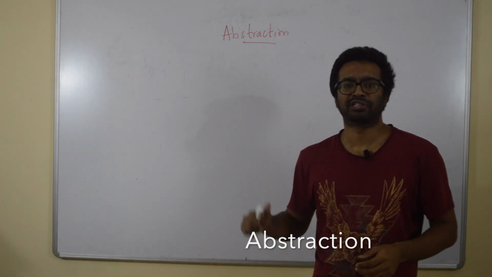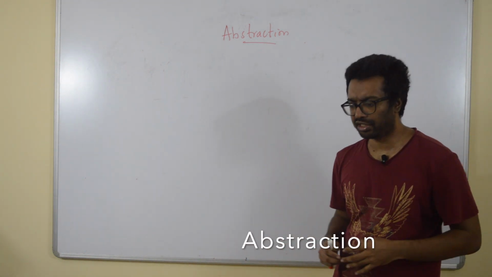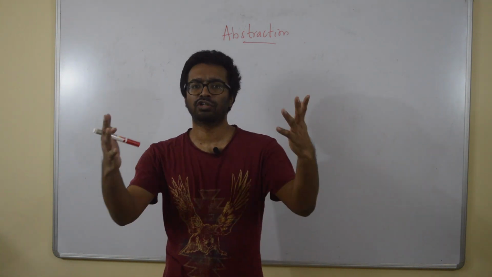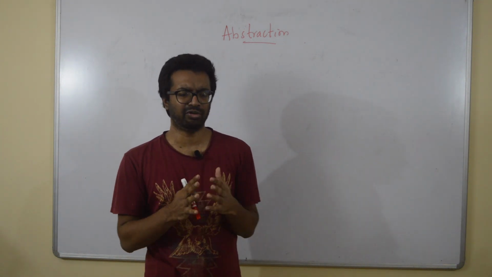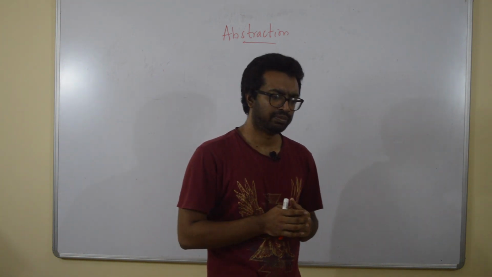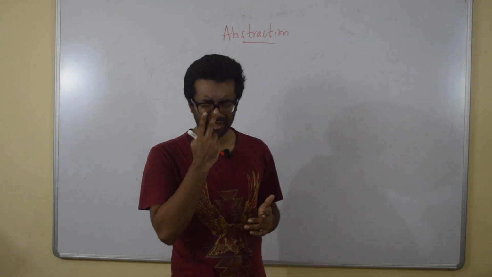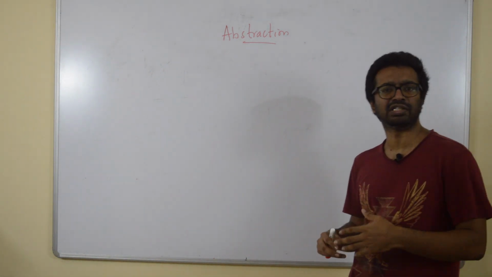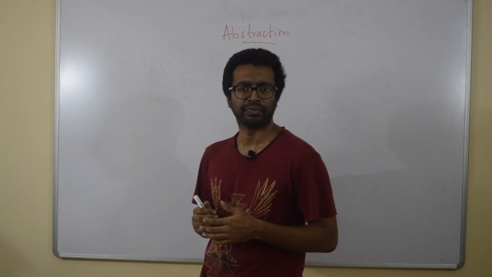Hi, abstraction, that's the concept we are trying to understand in this lecture. We saw about integers, int, float, etc., and we saw that int, float, etc. had operations like addition, multiplication, right?